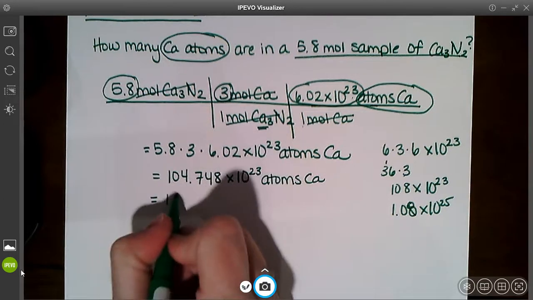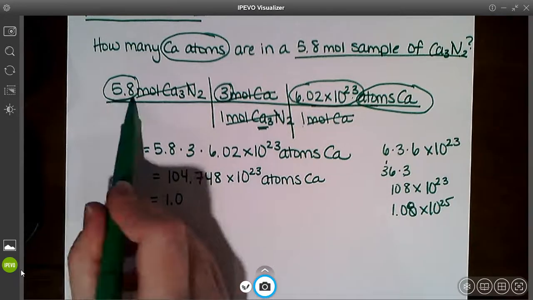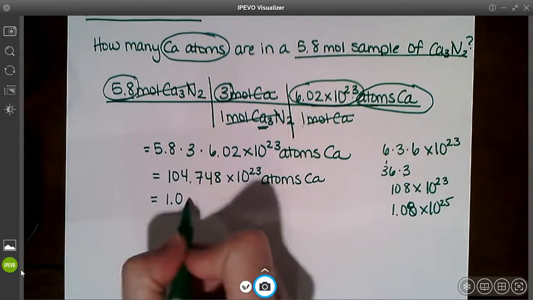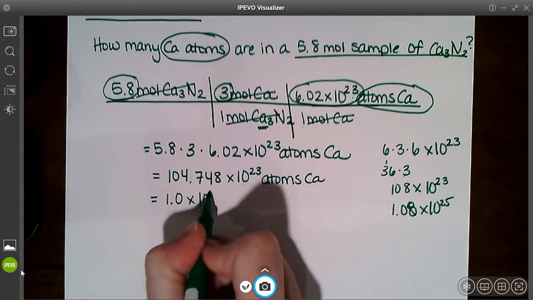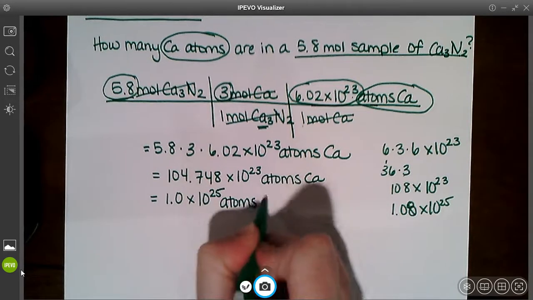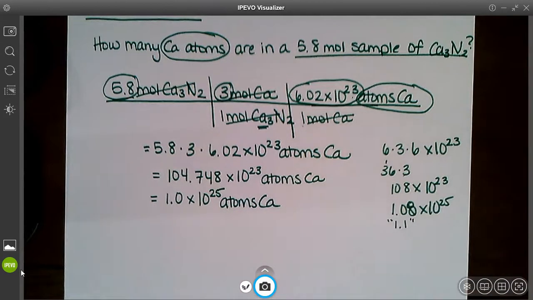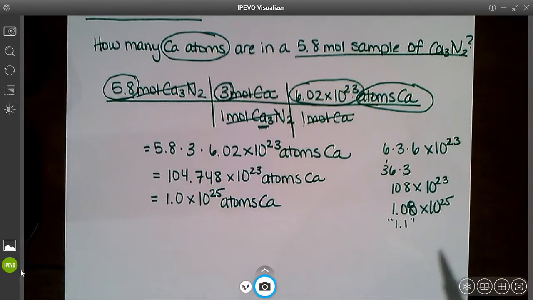So this is 1.0. We only get to keep 2 sig figs. So 1.0 times 10 to the 25th atoms of calcium. My estimation would have said 1.1, so we are pretty darn close. You can see how to estimate. Remember, on the multiple choice, there is no calculator.